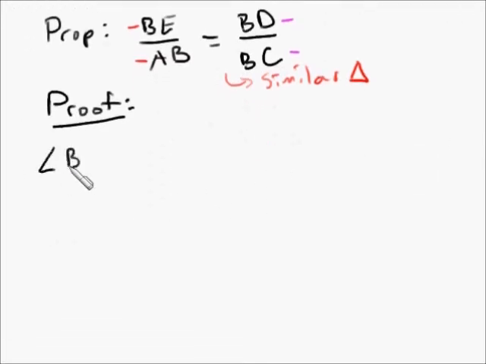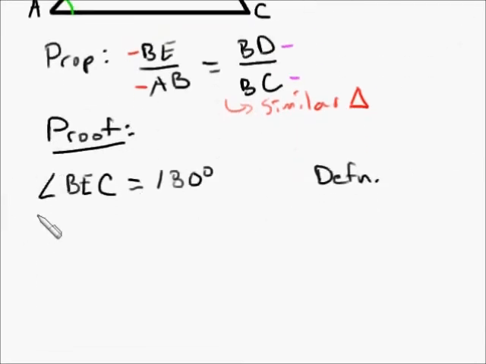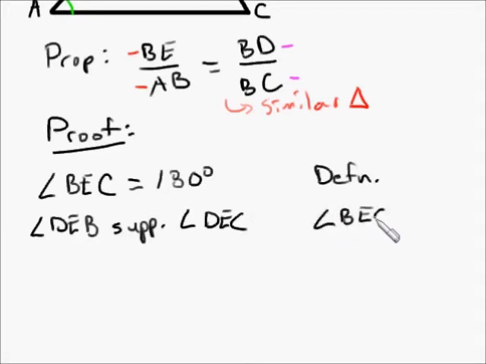Take a look at angle BEC. It's a straight angle. It measures 180 degrees. That means that DEC and DEB have to sum to 180 degrees. So angle DEB is supplementary with angle DEC, because that's a straight angle.